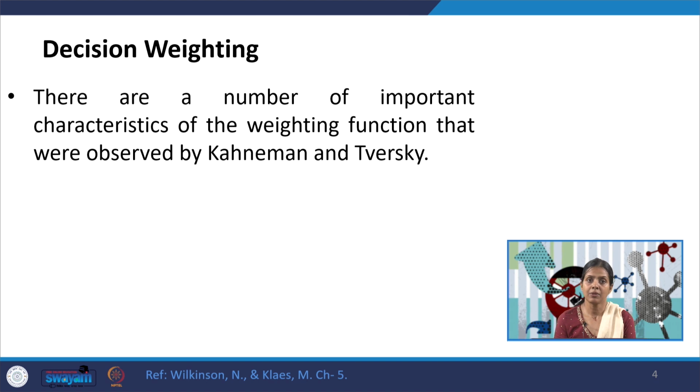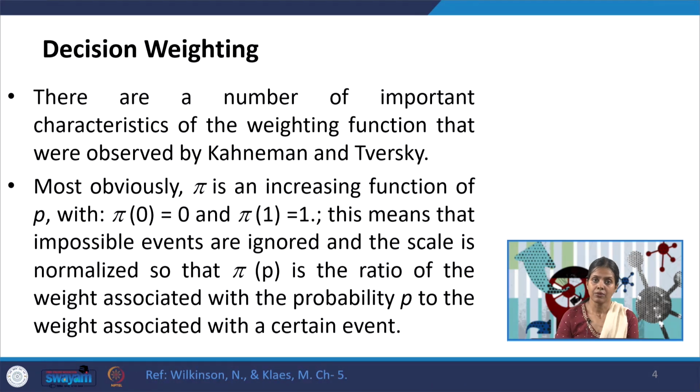There are a number of important characteristics of the weighting function that were observed by Kahneman and Tversky. Most obviously, pi is an increasing function of p, with pi(0) equal to 0 and pi(1) equal to 1. So, when there is complete impossibility of something happening, then we have p equal to 0 and pi also takes the value 0.